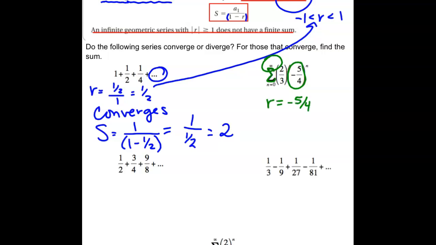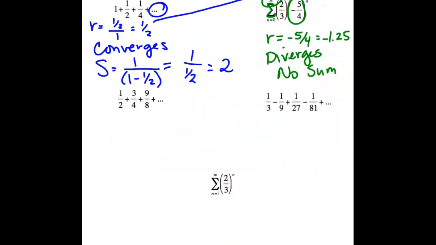And since that is a number outside of that negative 1 to positive 1 range, all right, this is negative 1.25, so that is too big for us to figure out the sum. We would say this one diverges. So there is no sum. Each successive term is going to be bigger and bigger and bigger, which means we cannot find a total for them. All right, next one.